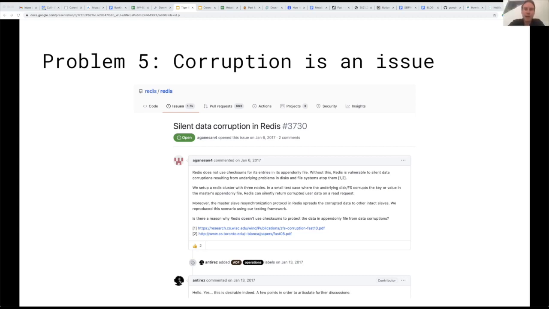Yeah, and this one again, the person that opened this issue was a PhD student at WISC, also working with Ramsey and Andrea, and they just studied Redis and saw that disks can have blocks that silently get bit rot, and so you'll get data returned by the disk which is not what you wrote.